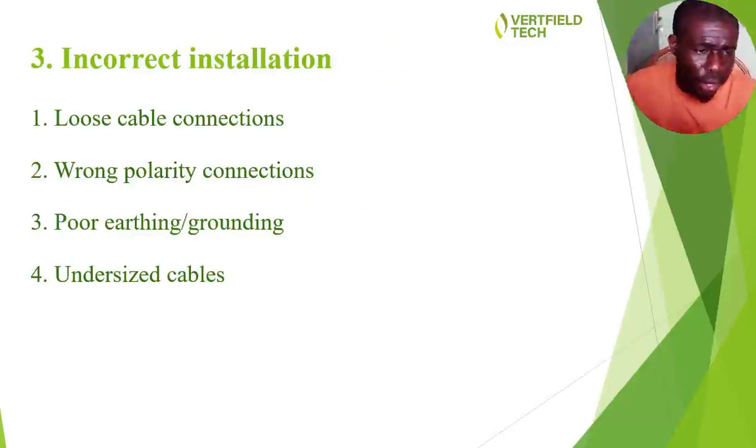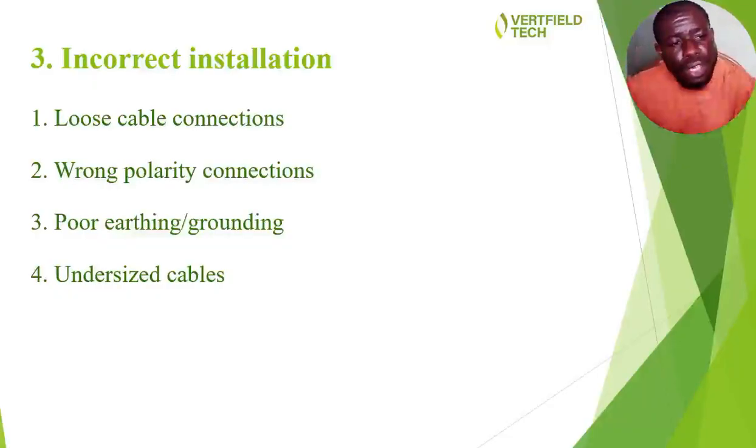Incorrect installation. This is another issue that comes with your system failures. Loose cable connections, wrong polarity connections, poor earthing and grounding, and undersized cables. Loose cable connections can cause a lot of havoc for you. When you have loose connections in your solar system setup, the current flowing in your cable will not be complete. Therefore, your system might be getting a low voltage alarm.